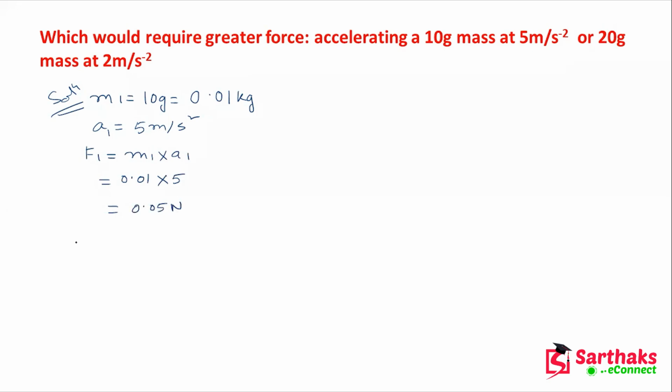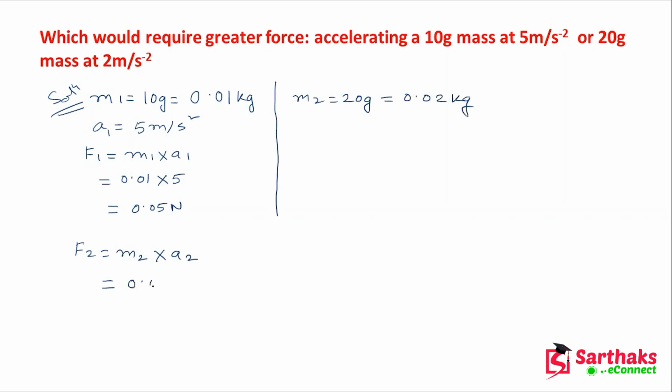Okay. Similarly, F2 equals M2 into A2, where M2 is 20 gram, that means 0.02 kg.